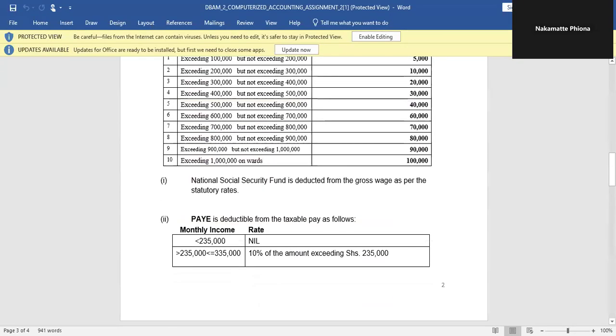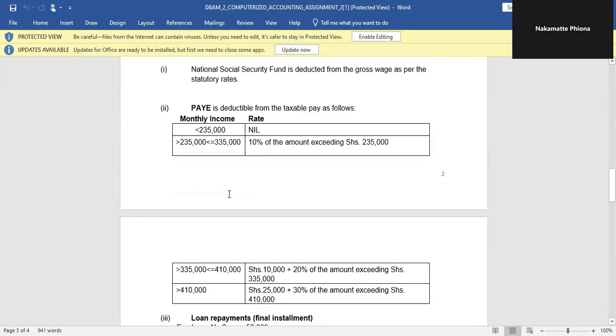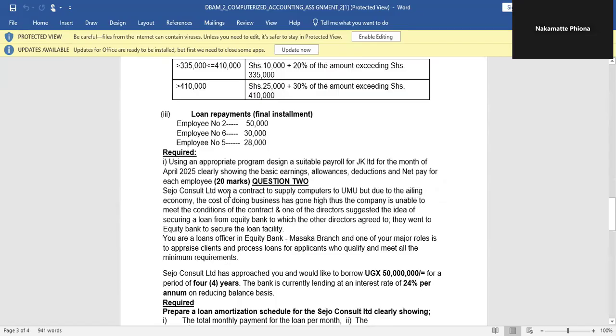This is for payroll. I'm going to do two numbers. First, it is for payroll, requesting us to design a suitable payroll for JK Limited for the month of April 2023.